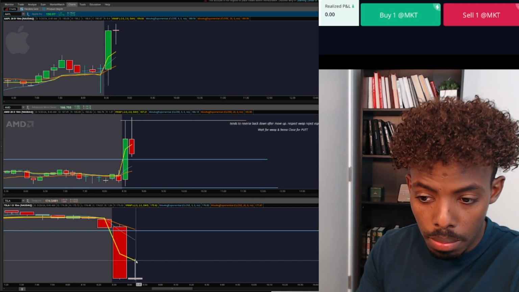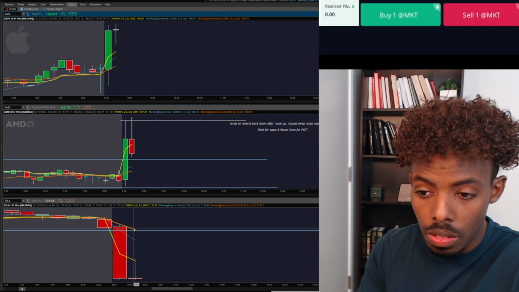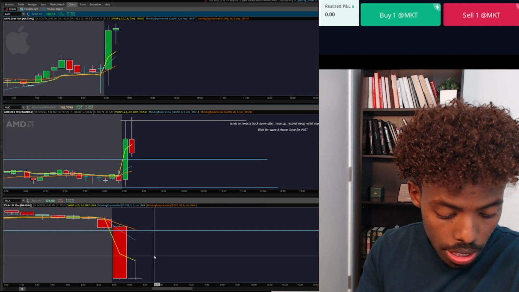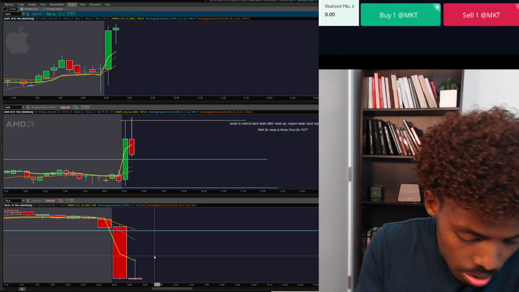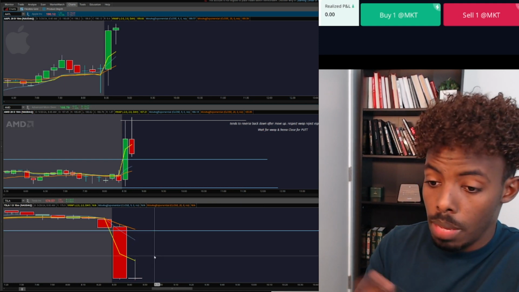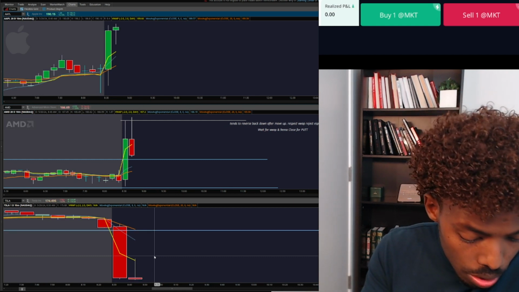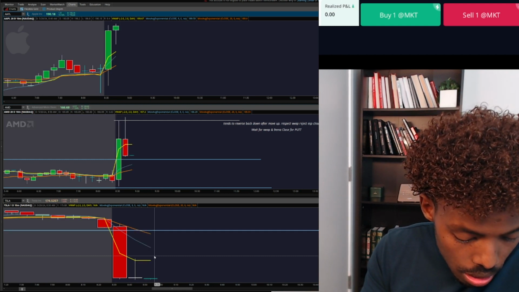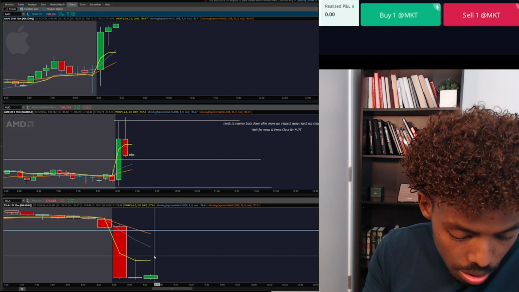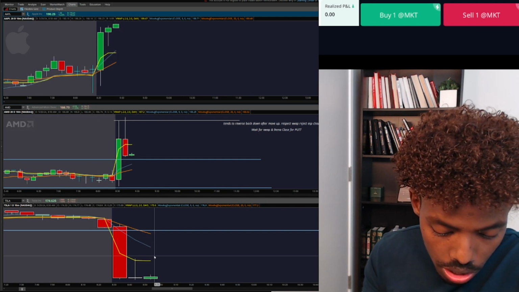Yep, we just got the complete rejection of the VWAP instead of the 20 EMA for Tesla. That's an interesting one. But who knows? It could maybe reverse later on. We do not know. But yeah, it rejects after the 20 EMA, but not the VWAP. So I have few indications of that.